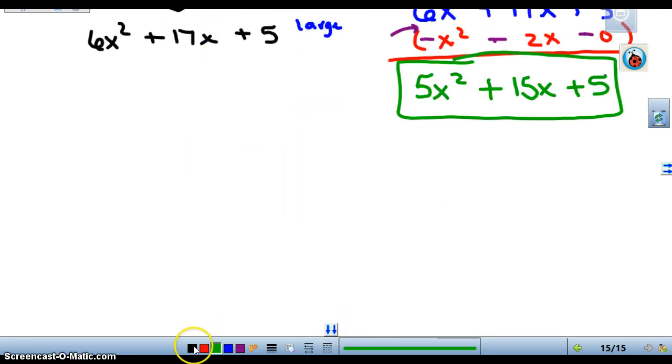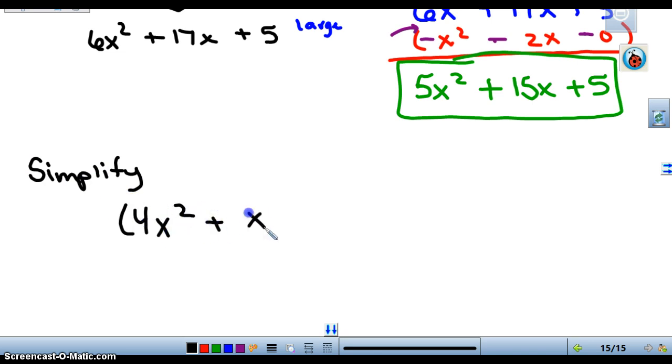So let's say we have to simplify 4x squared plus x minus 6 times 2x minus 3.